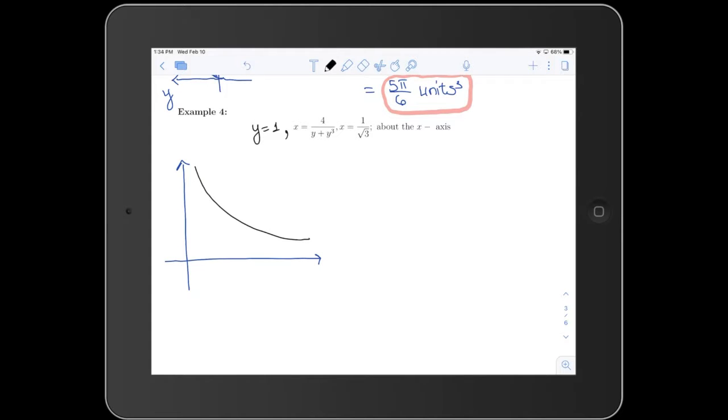Then we have x is equal to 1 over root 3, so you're going to get a vertical line here. And y is equal to 1. That's a horizontal line, right?